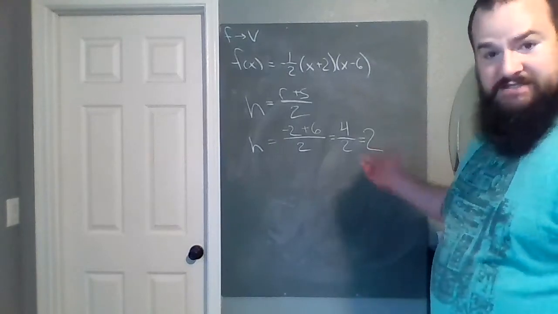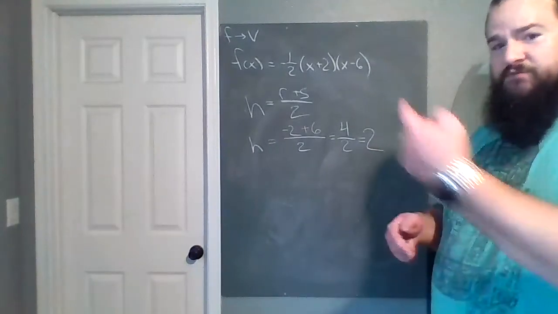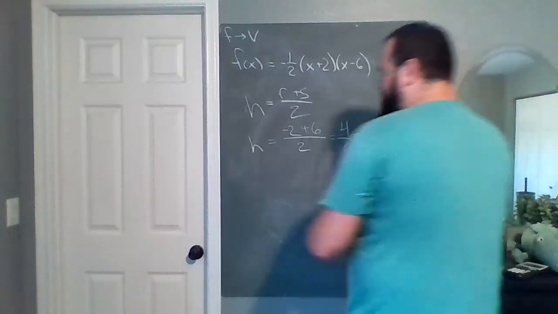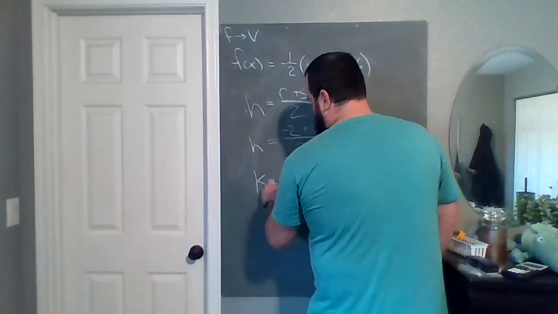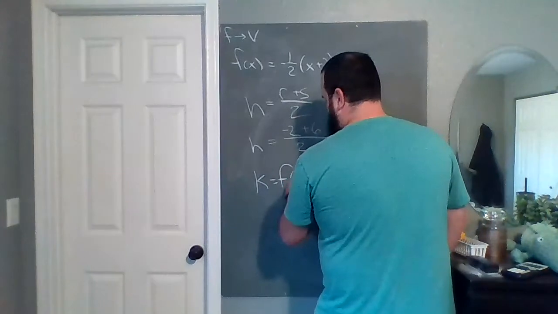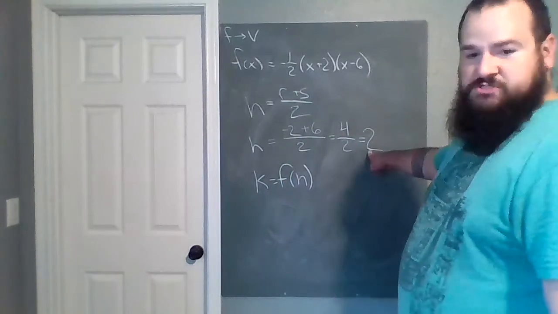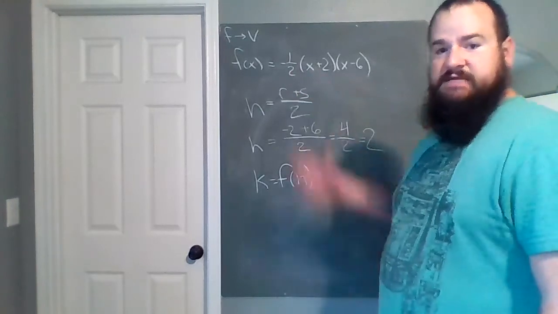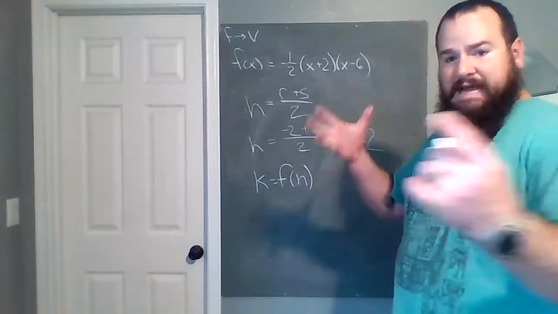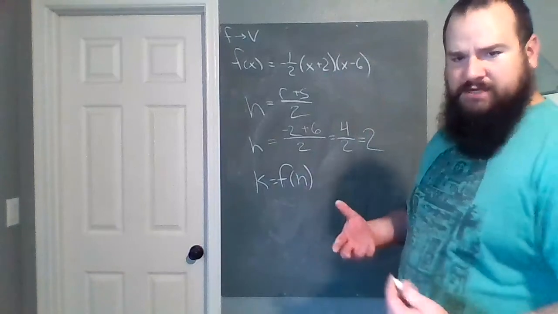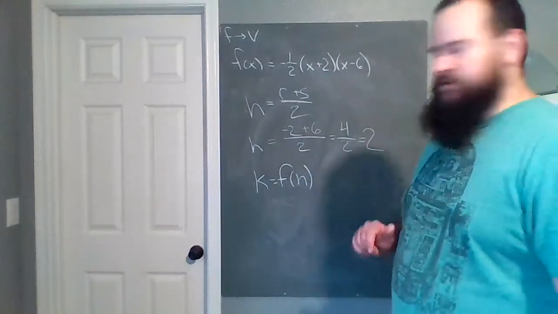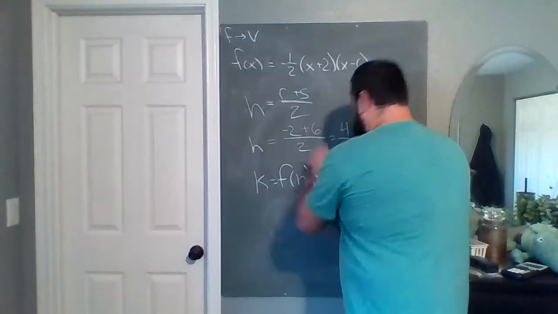Now, to find k, just as we did going from standard to vertex, we use the fact that k is equal to f of h. In other words, plug in 2 for these x's and evaluate that, and bam! We already know what we're going to get. This video's already running long, so I'm going to tell you: we get 8.